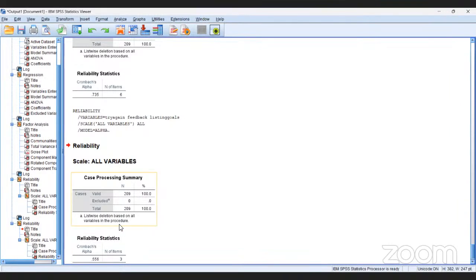So for the analysis purpose or for the intervention purpose, we can use the first factor, that is 0.73. So out of these 9 variables, we can consider the first factor for our analysis.